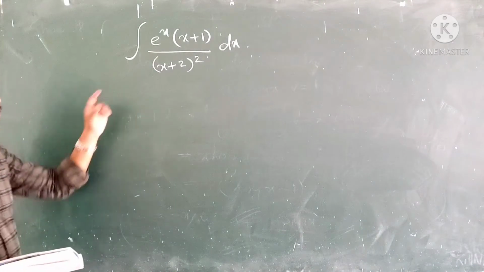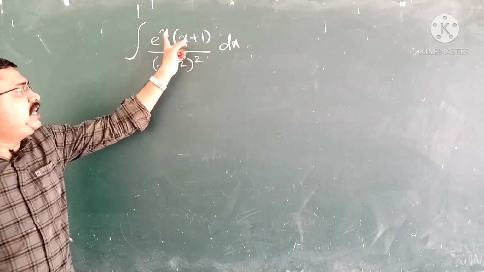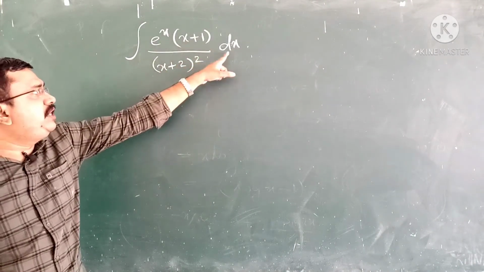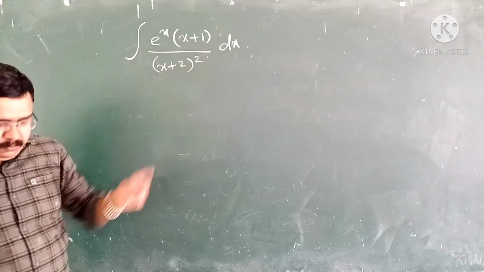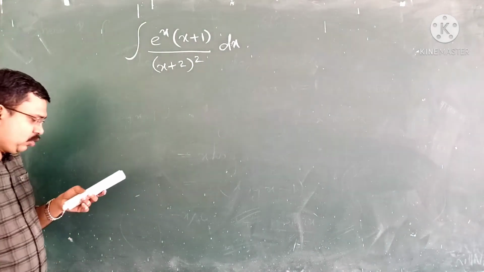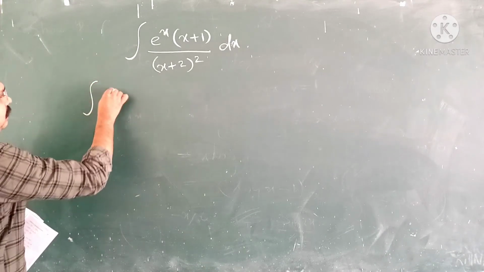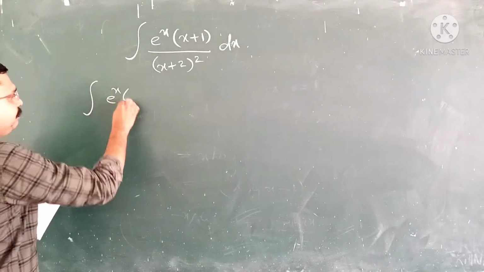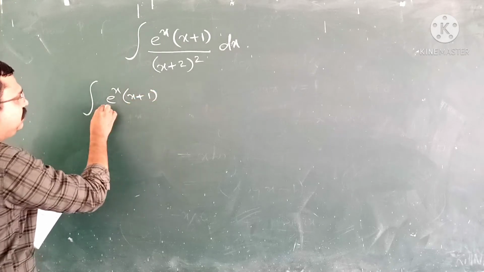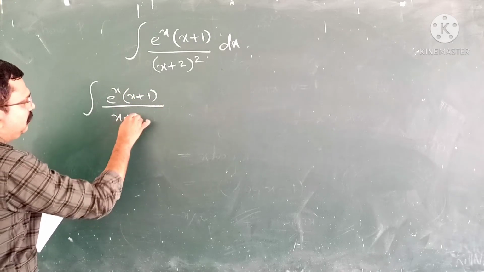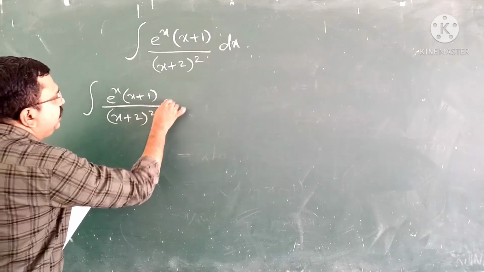Okay, our second question is integral e raised to x into (x plus 1) dx divided by (x plus 2) the whole square. Okay, the solution is, listen: integral e raised to x into (x plus 1) divided by (x plus 2) square dx.